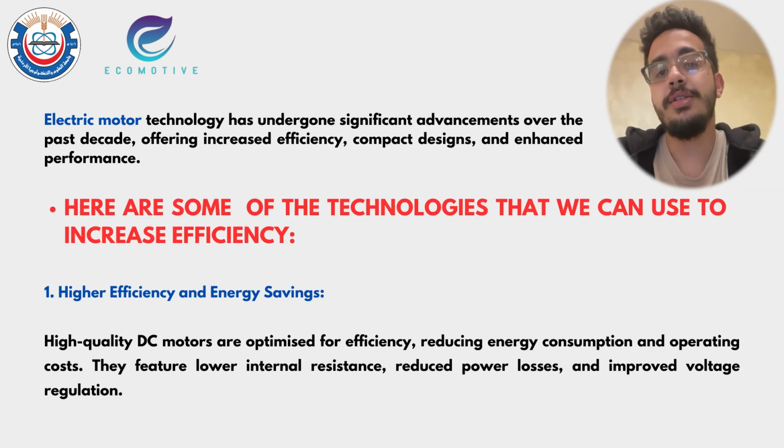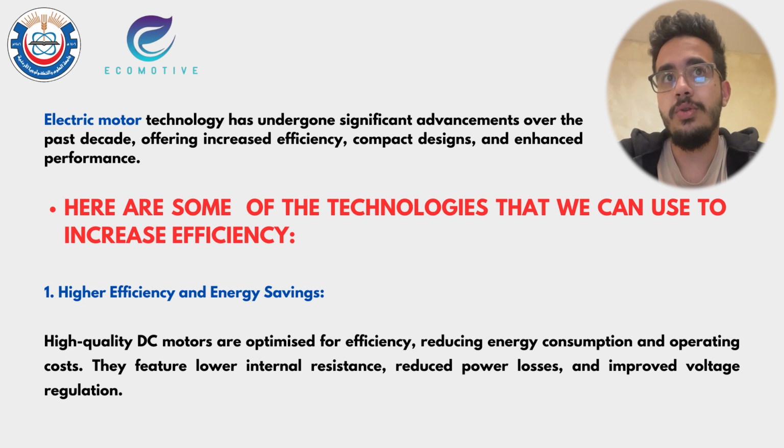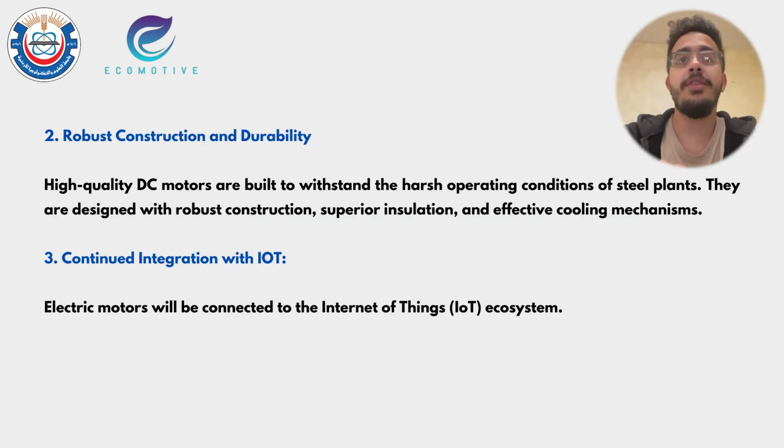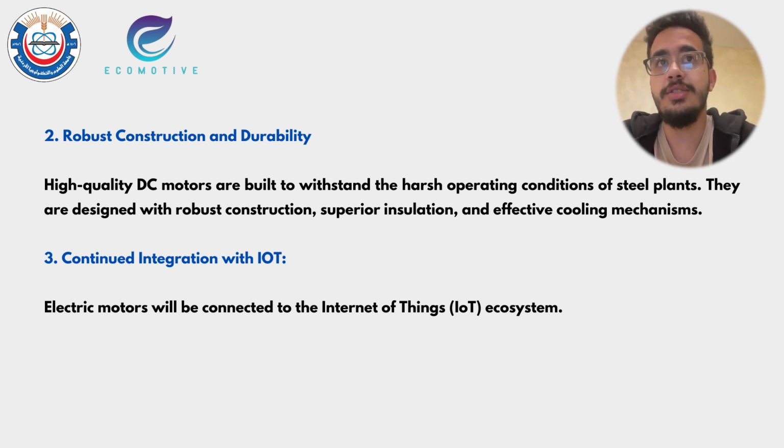As my fellow colleague Asad said, electric motor technology has undergone significant advancement over the past decade, offering increased efficiency, compact design, and enhanced performance. For example, to increase the efficiency, we can use robust construction and durability. High-quality DC motors are built to withstand the harsh operating conditions of steel plants.